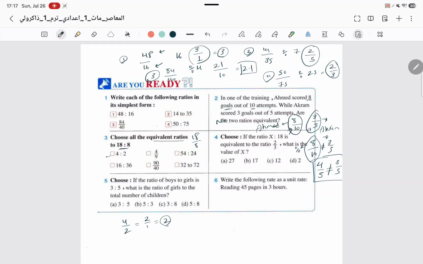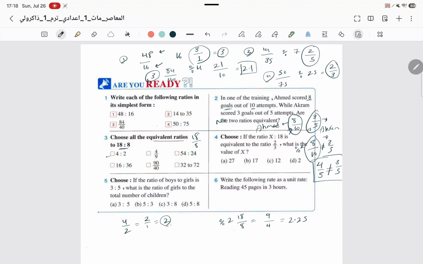And first of all, 18 over 8, if we divide the top and the bottom by 2, we will get 9 over 4, right? 9 over 4, which is 2.25.